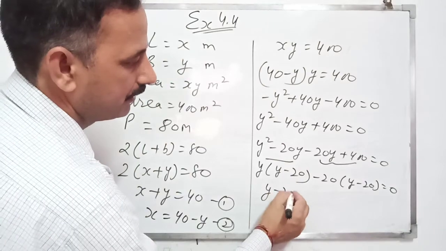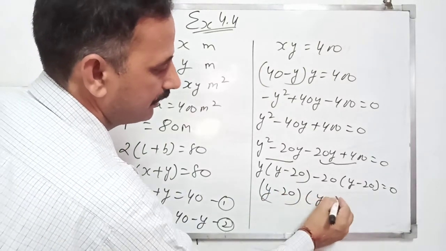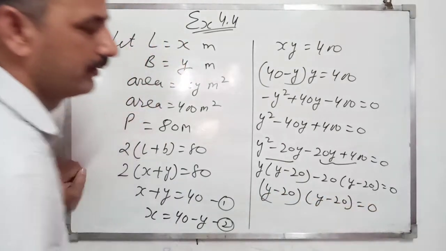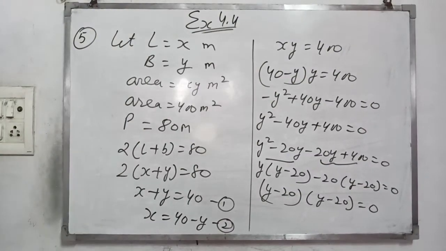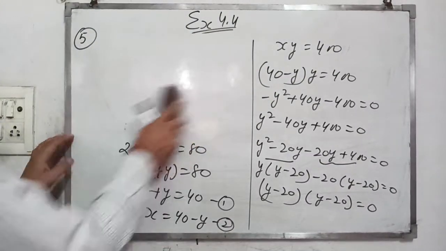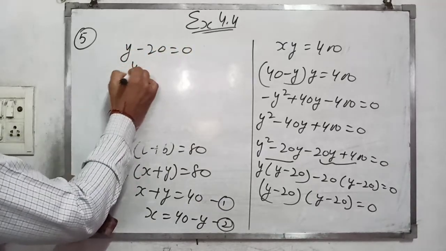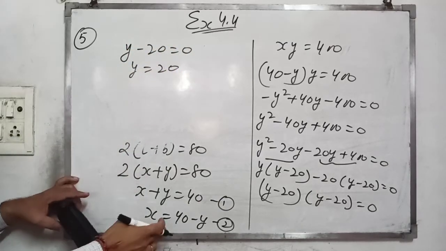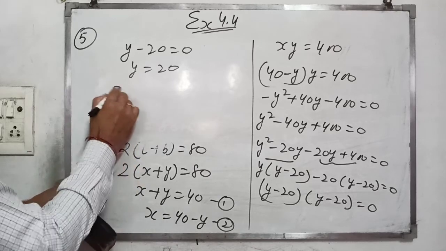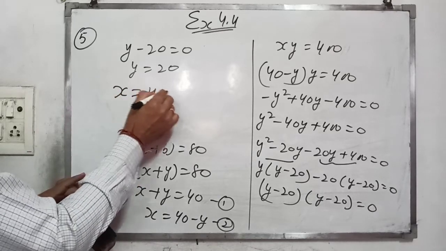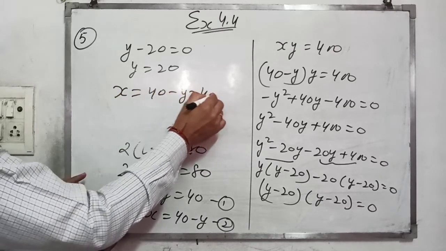So (y minus 20) and (y minus 20) equal to 0. Now y minus 20 equal to 0, so y equal to 20. Now you get the value of y, that is 20, so the value of x is also 20.